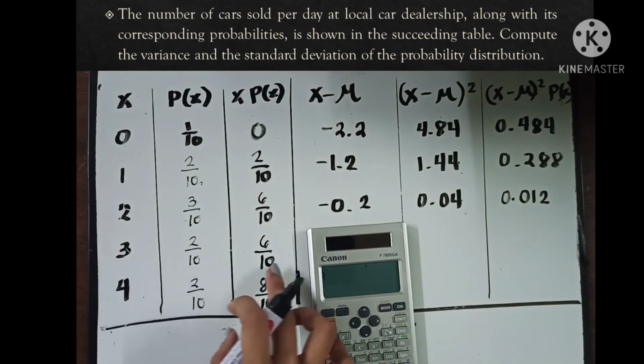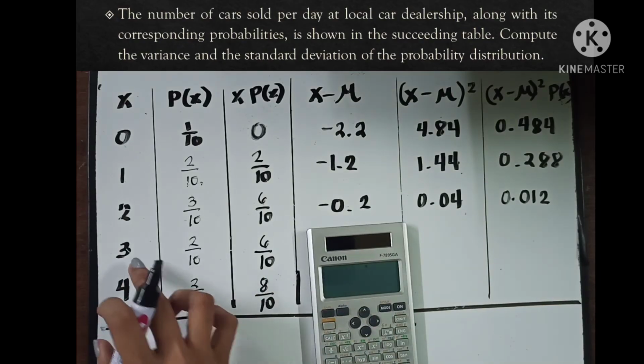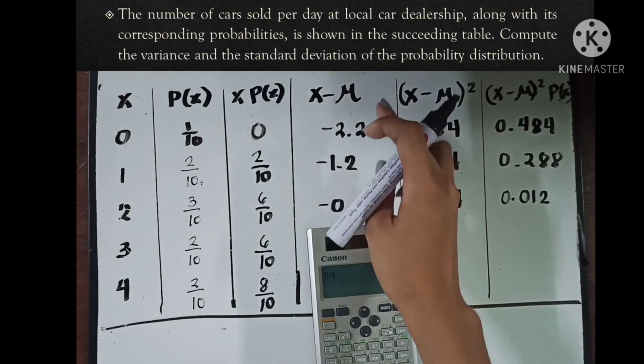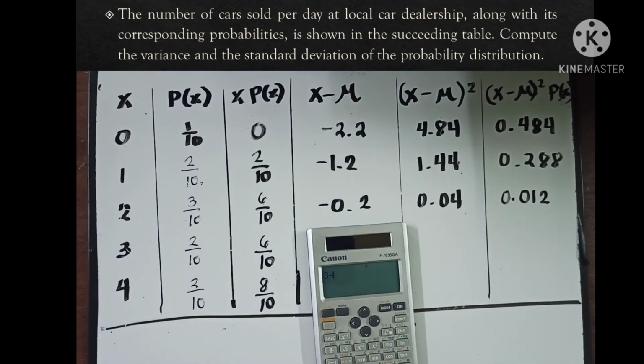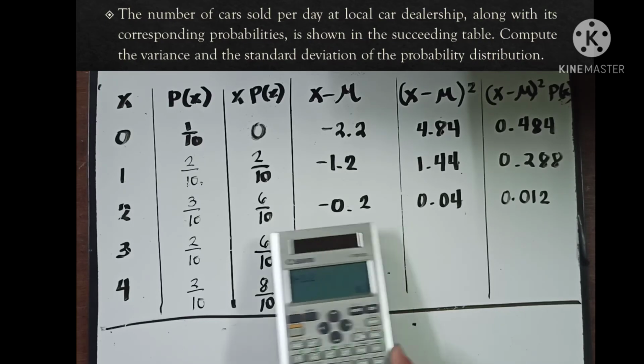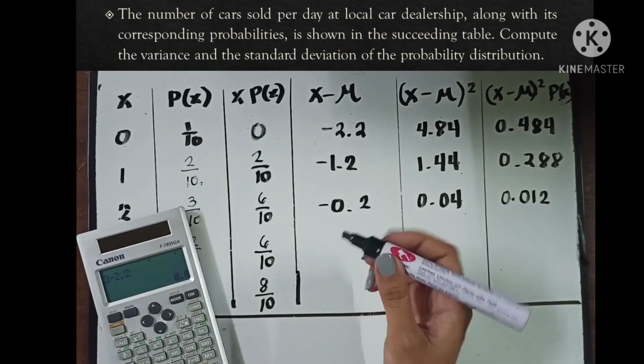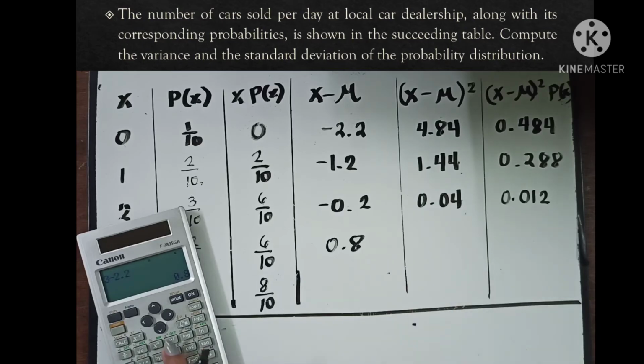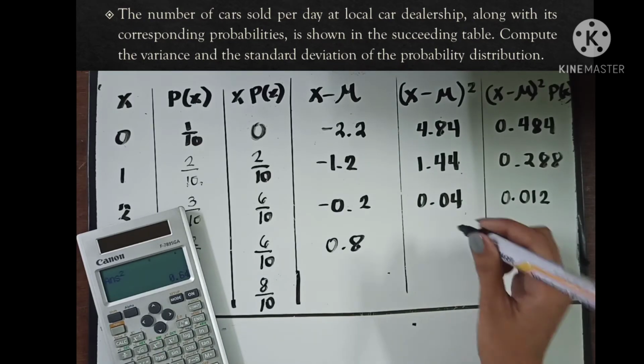So, 3 minus, so 3 yung value ni x. 3 minus, value ni mean natin, again, 2.2. Yun yung na-solve natin kanina. And that is equal to 0.8. Direct na natin, pindot si squared. And the answer will be 0.64.